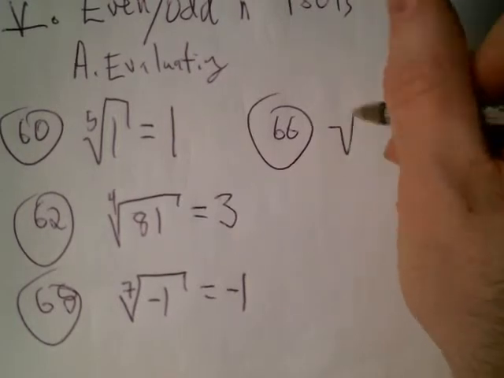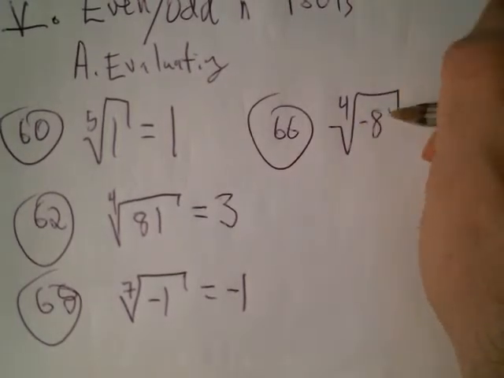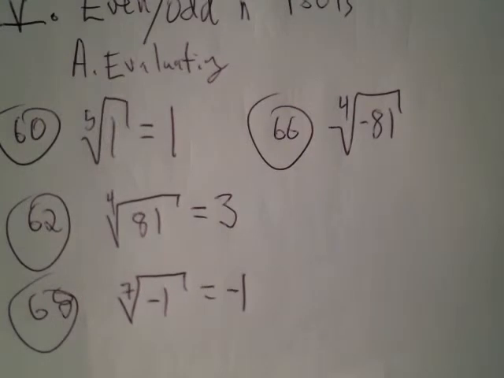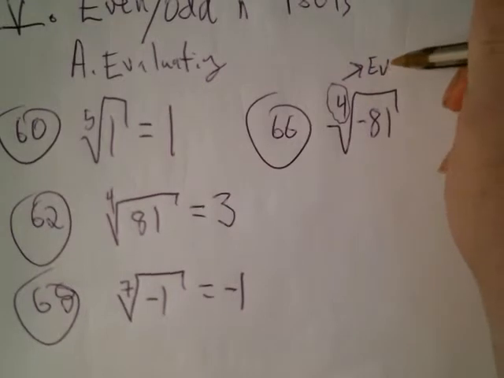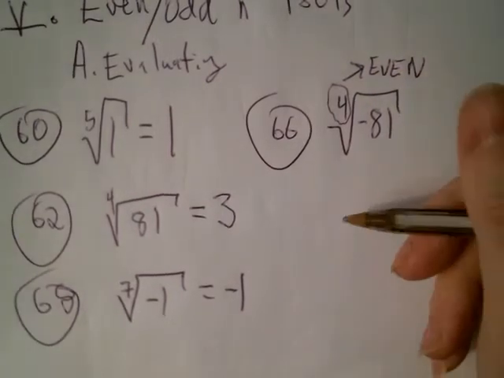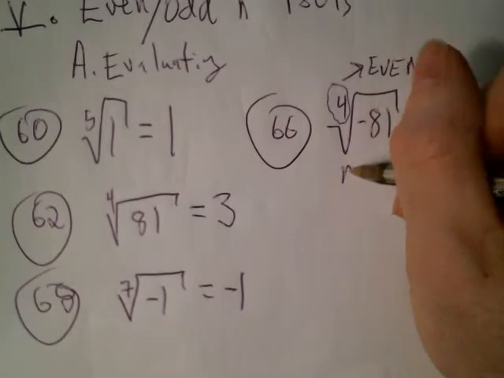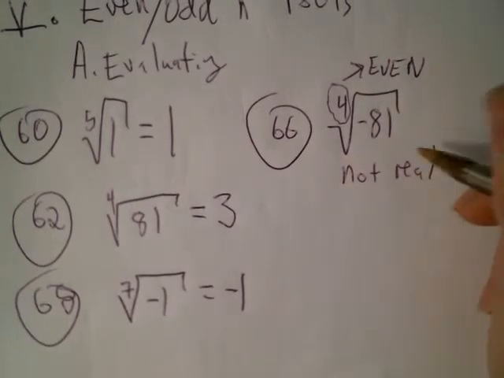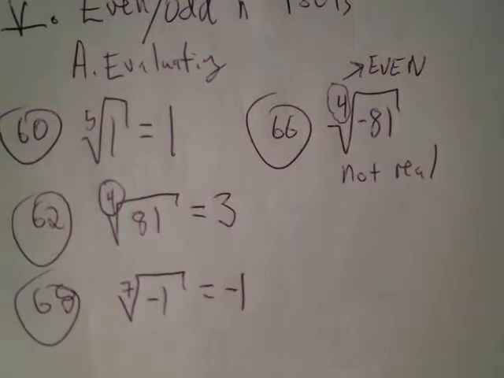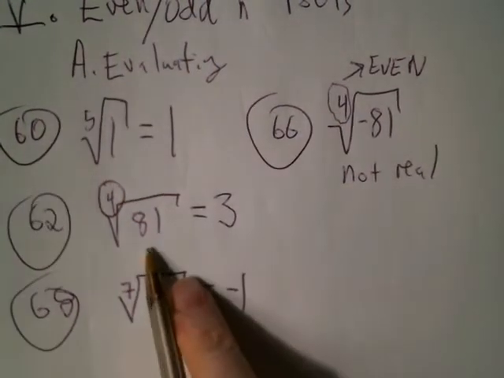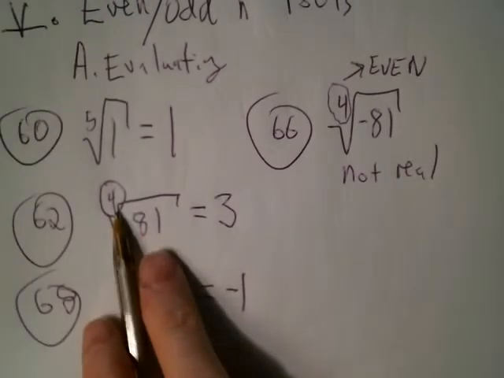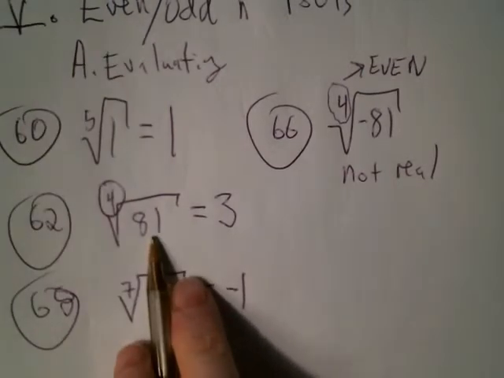66, the 4th root of -81. So certainly 81 is just 3 times 3 times 3 times 3. But because we have an even root here, we can't do this in the real numbers. Okay, so we'll say it's not real. And of course, if it's positive, then you're okay. So over here, we had the same scenario, even root, but positive on the inside, so we could do it.